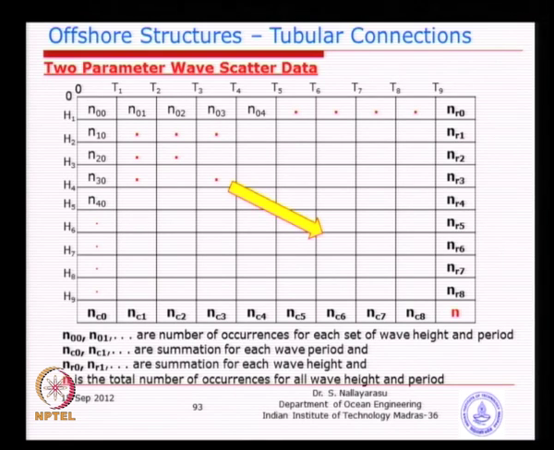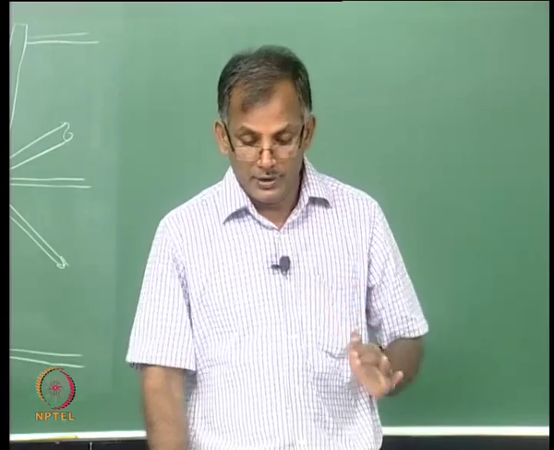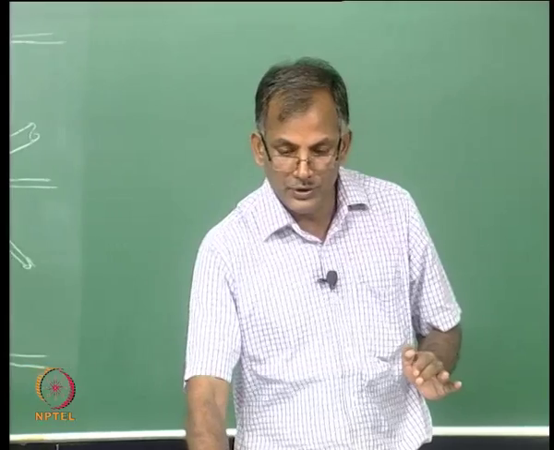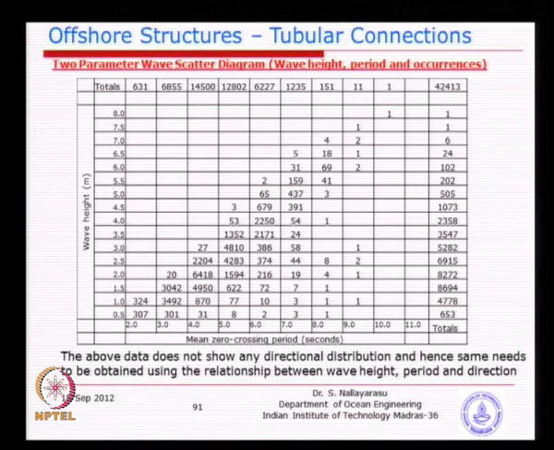Some of the areas could be empty, it does not mean that every one of them will have some numbers. If you see this table, what is the meaning of this, that there is no information there? That means that sea state does not occur or arise at the location. For example, a 5 meter wave height with a wave period between 2 and 3 does not exist and cannot exist.